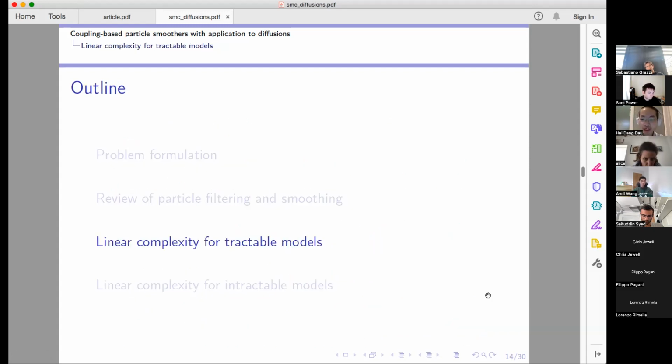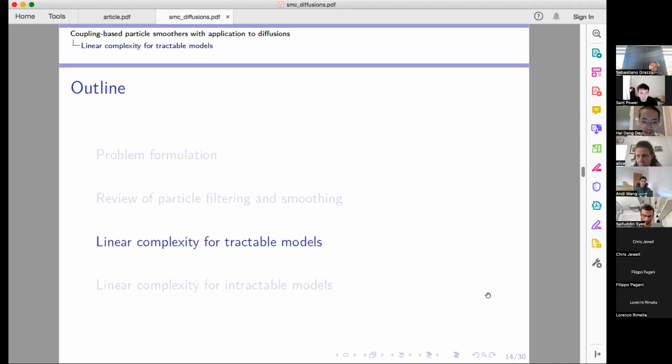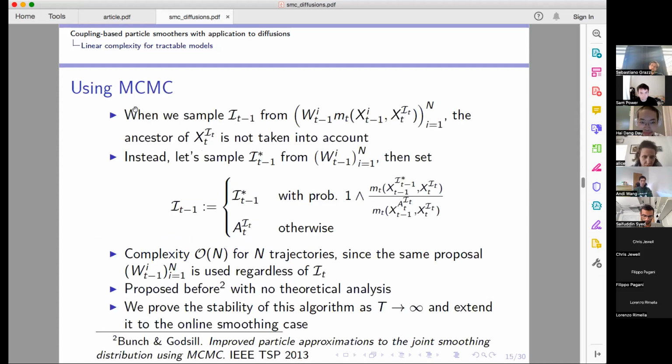One of our contributions is to lower this complexity to linear for tractable models. I only use one slide for this because I want to come faster to the part on intractable models. Instead of doing a full sampling, you can use an MCMC step. Once you have the index I_t, when you sample I_{t-1}, normally the ancestor is not taken into account, but here you can take it into account.